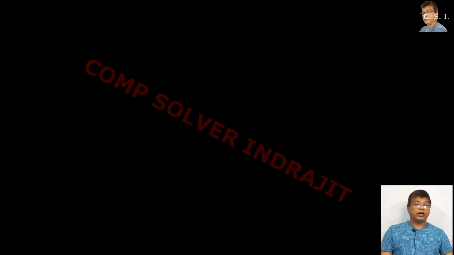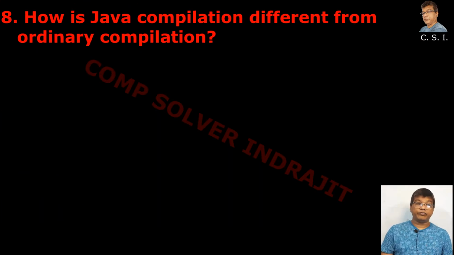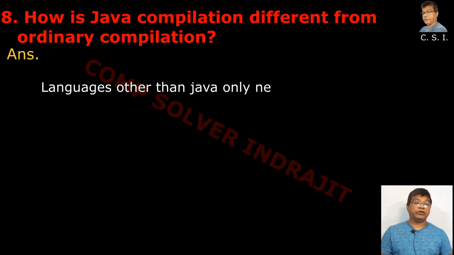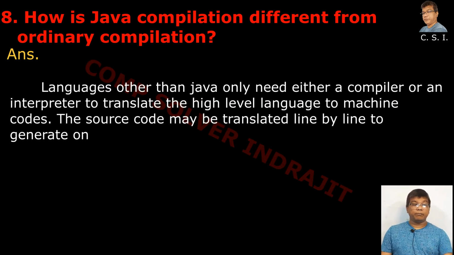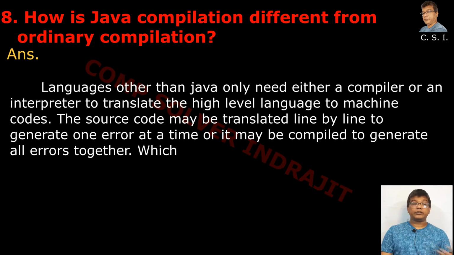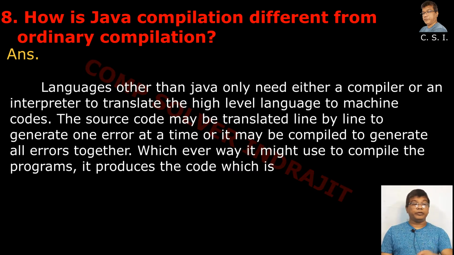Next question. How is Java compilation different from ordinary compilation? Answer. Languages other than Java only need either a compiler or an interpreter to translate the high-level language to machine code.